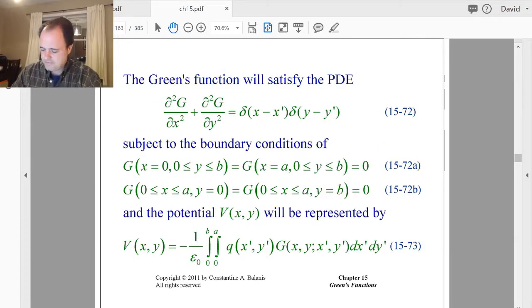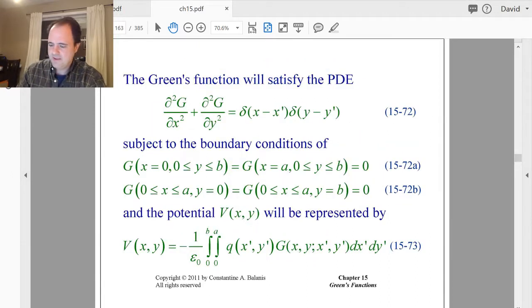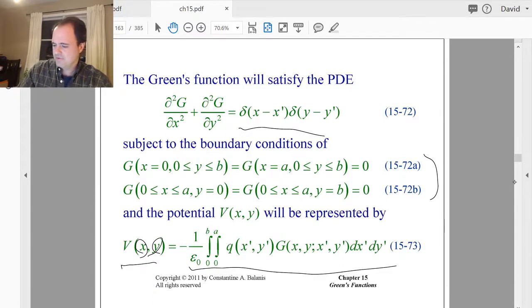Okay, so you take that original differential equation, this right here, 15.71, and the right-hand side you have equal to the product of two Dirac delta terms, one for the x, one for the y. All right. And the Green's function has to satisfy the same boundary conditions as the original problem. And when that's the case, then the potential for any x and any y will be given by this.